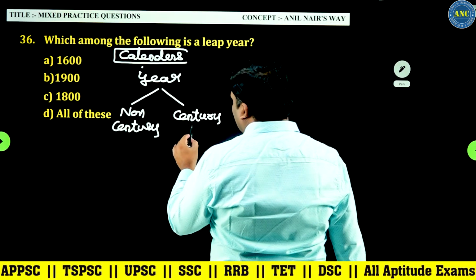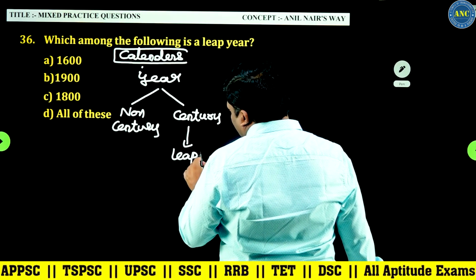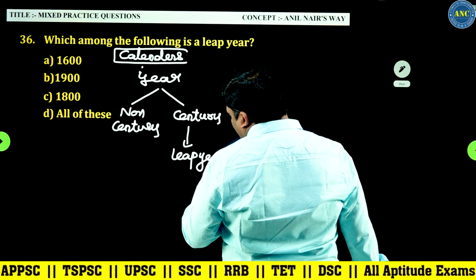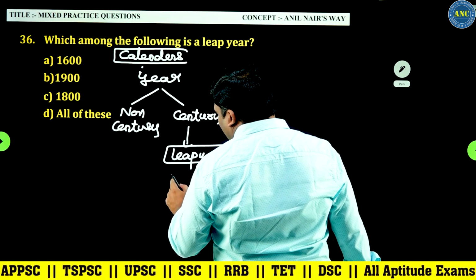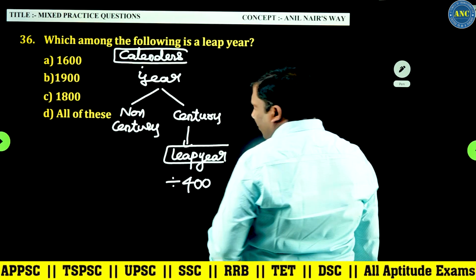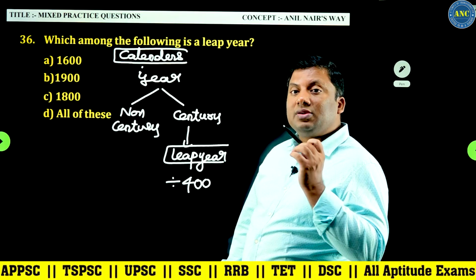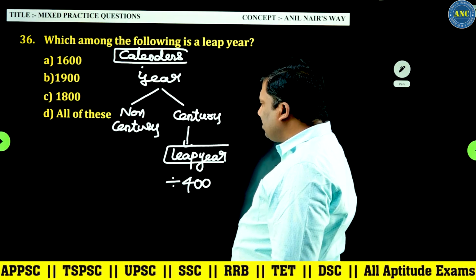If it is a century and it has to become a leap year, that means this should be divisible by 400. Any year which is a century, it should be divisible by 400, then only it's a leap year.